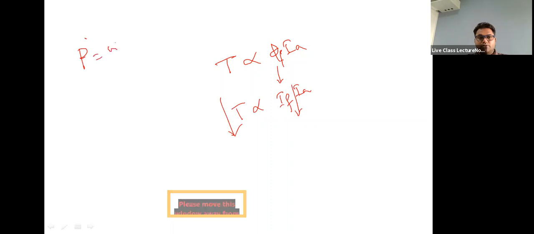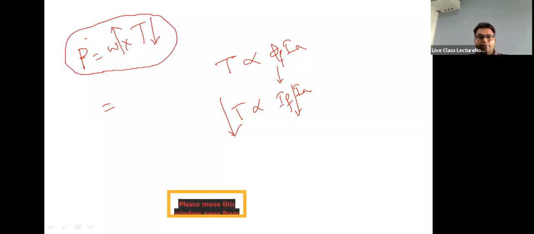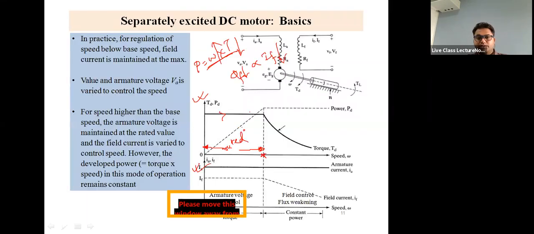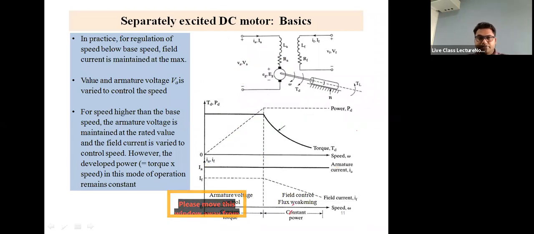Power equals omega into torque. So if you increase the speed using the field control method, the torque will go down. In such a case, the power remains constant. That is why in the field control method, the power remains constant and the torque changes. So this is the meaning of this.